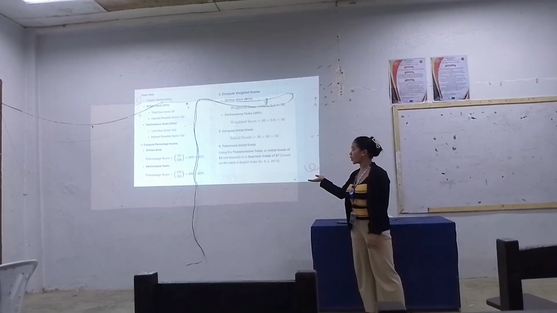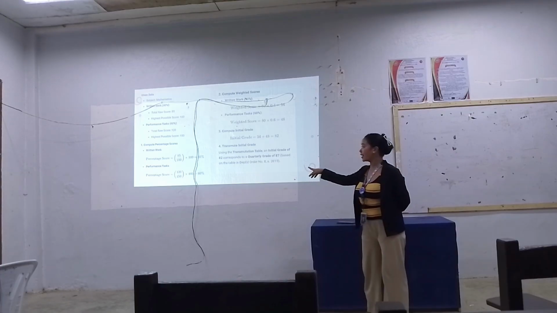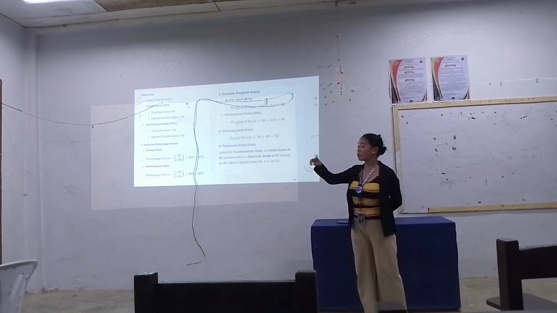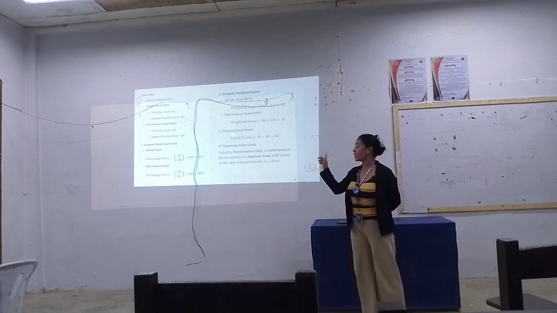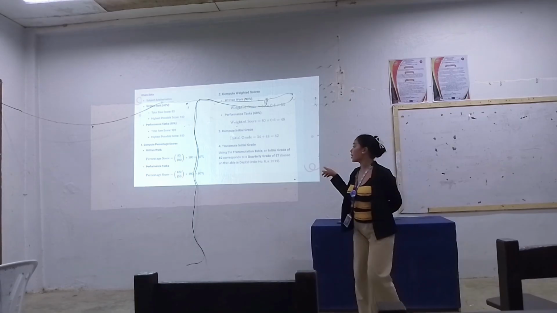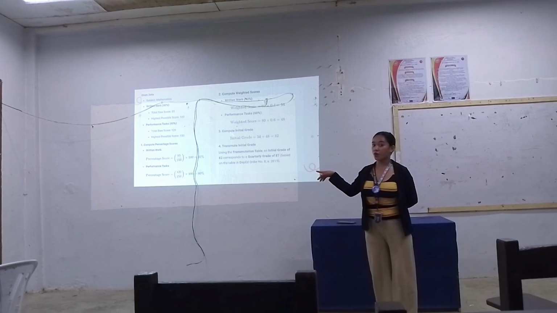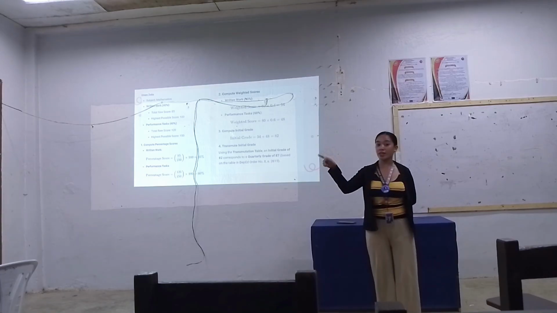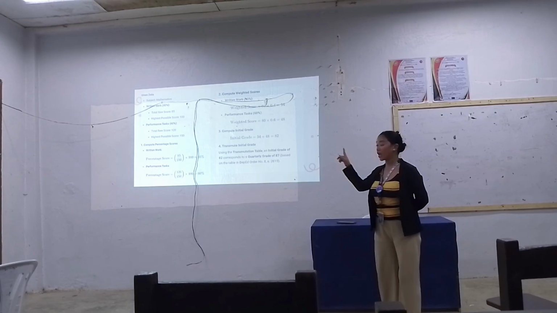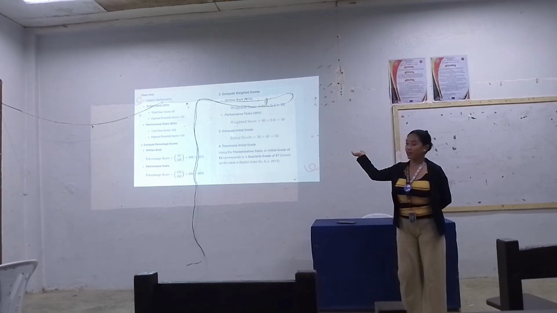For written work, for example, over 100, the student got 85. So 85 divided by 100, times 100, equals 85%. Then performance task is 120 over 150. So 120 divided by 150, times 100, equals 80%.